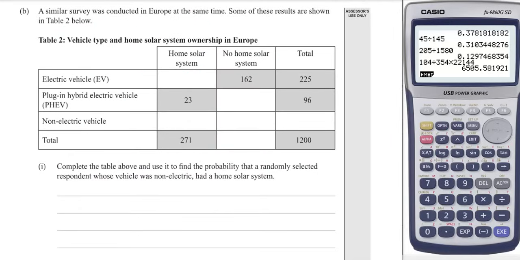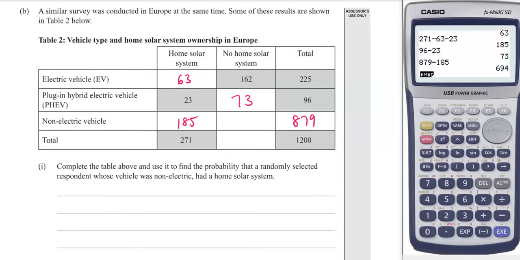Okay, nice easy one to start us off on the next bit, which is fill in the gaps. And if you're not sure how I'm getting each number, you can just look across to the calculator. Now we want the probability that a randomly selected respondent whose vehicle was non-electric then had a home solar system.